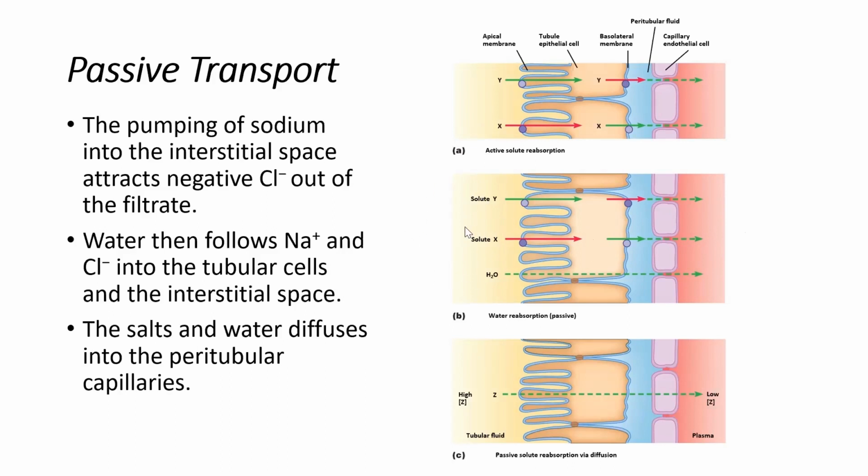And so we now have an osmotic gradient. We have a gradient where water can freely move from its area of high water concentration, in other words, low solute concentration, all the way across these barriers to an area of high solute concentration, in other words, low water concentration. And so that creates this osmotic pull where we can absorb water according to osmosis.